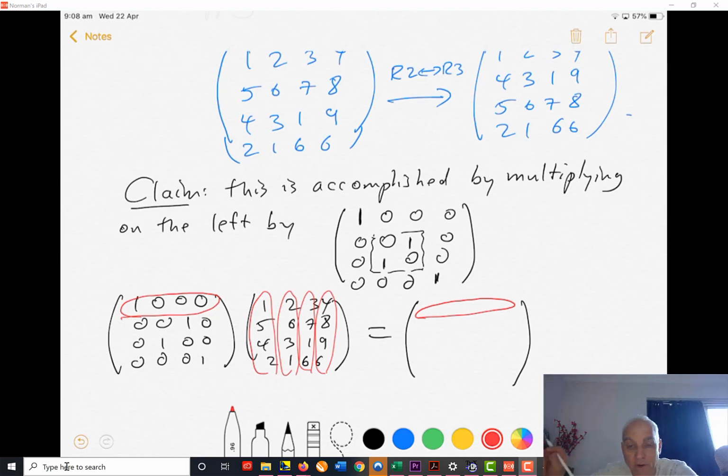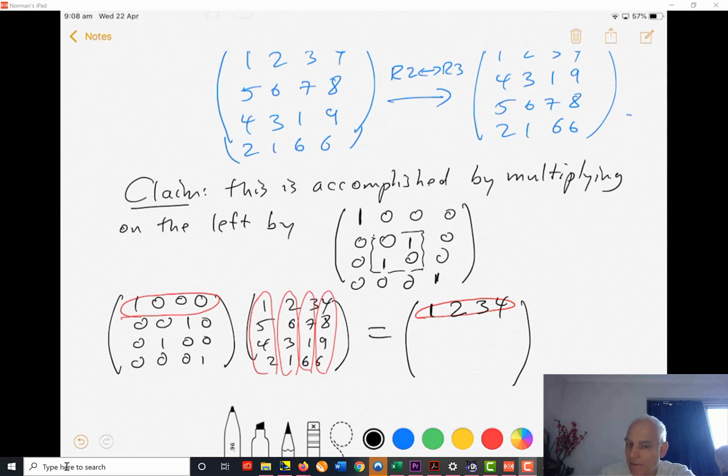That's how you go along the first row of the end result. So what is that? If you multiply any one of these columns by 1, 0, 0, 0, what are you doing? You're just picking up the first entry in that column, because it's 1 times the top entry plus 0 times all the other entries. So you're going to get over here 1, 2, 3, 4.